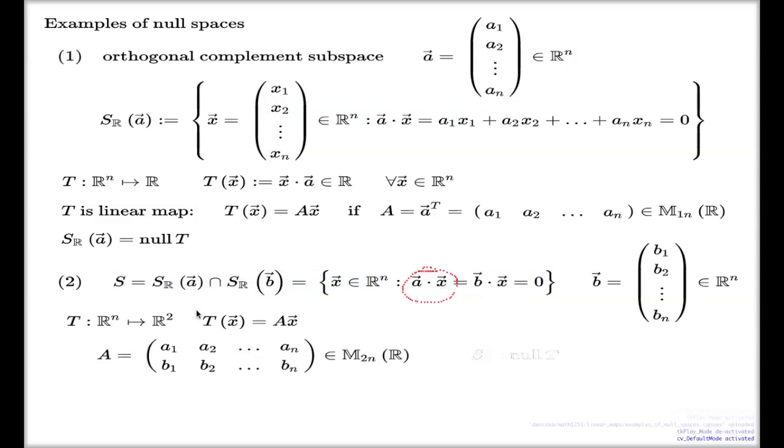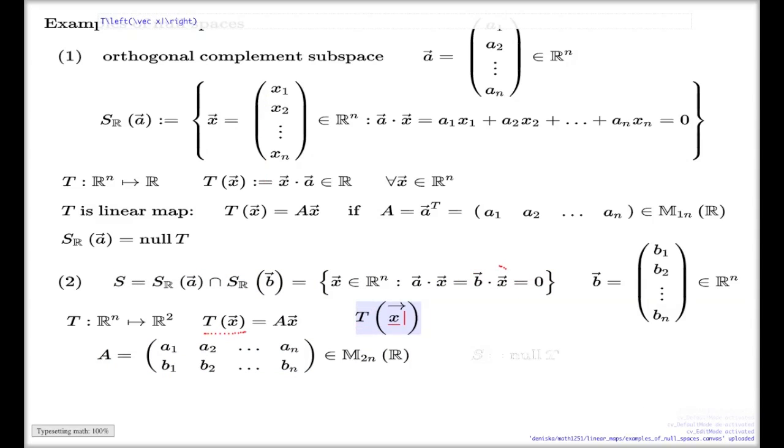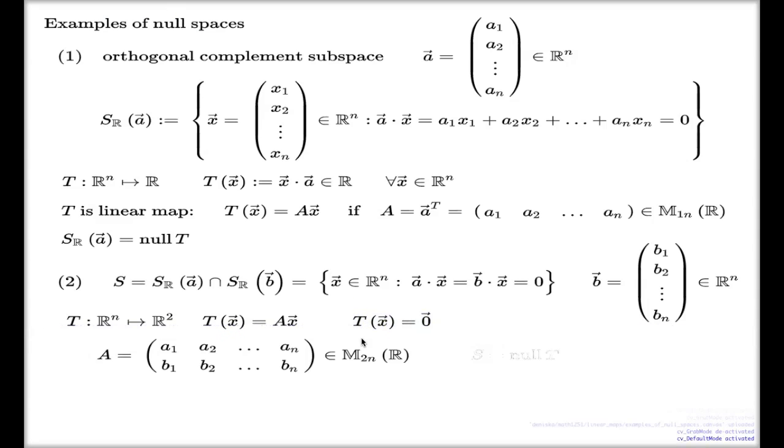And the second component of this vector will be the dot product of the second row and the column, which is the second dot product here. So when you require that T of x is 0, you require that the first and the second component are simultaneously 0. That is exactly this condition.